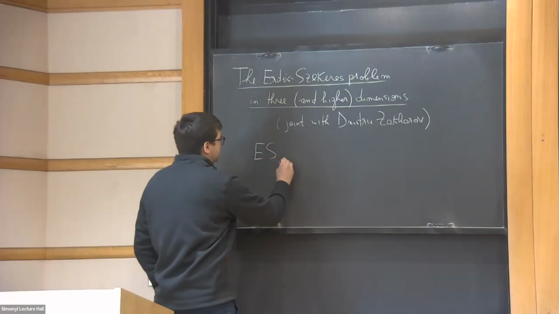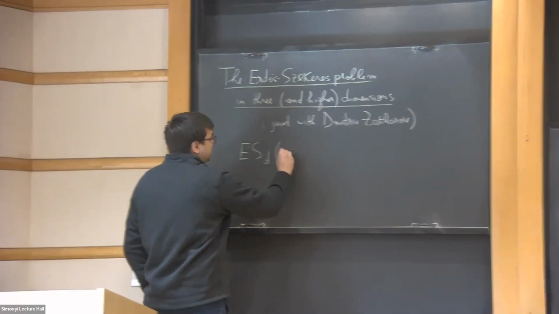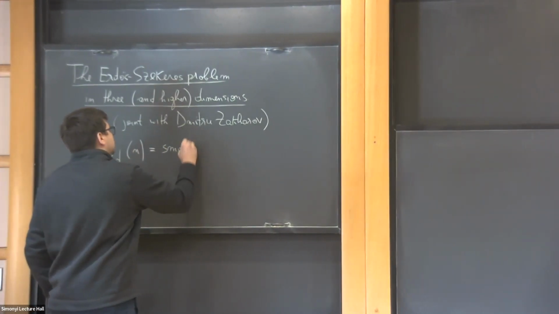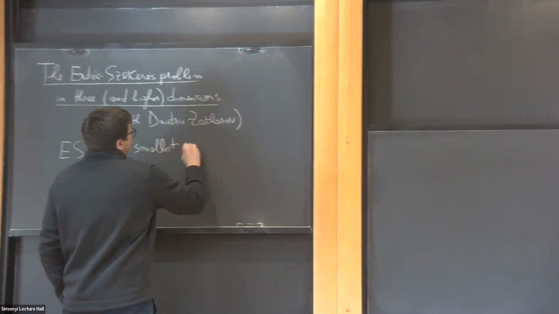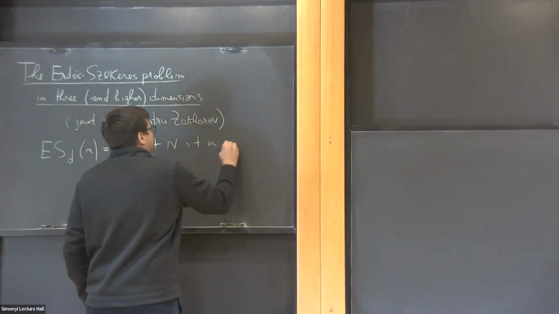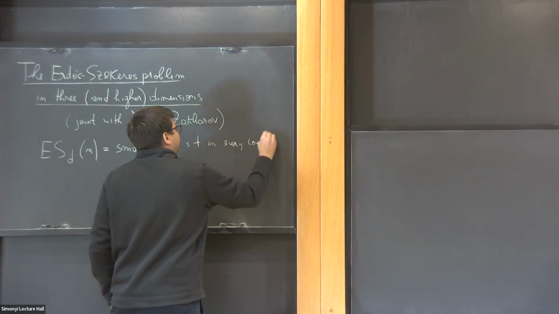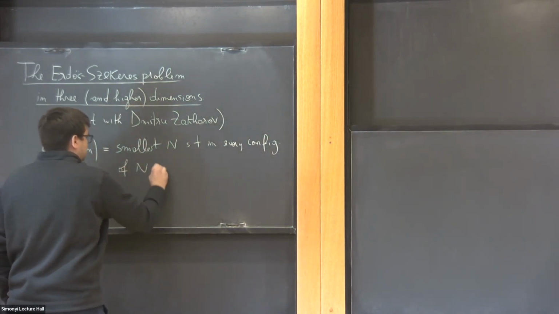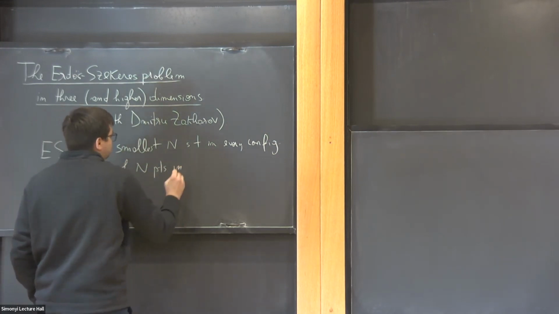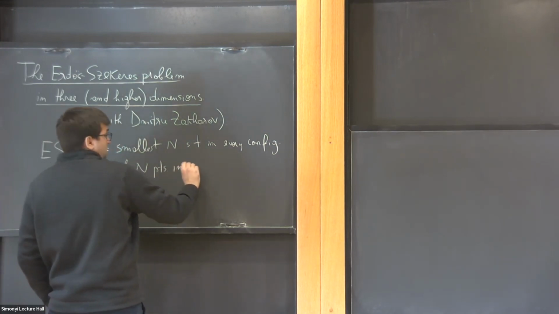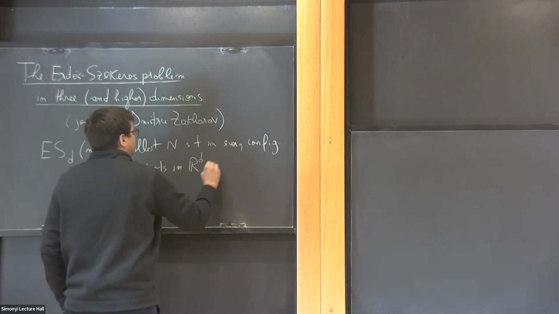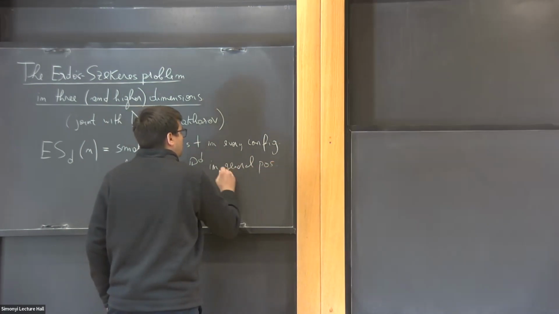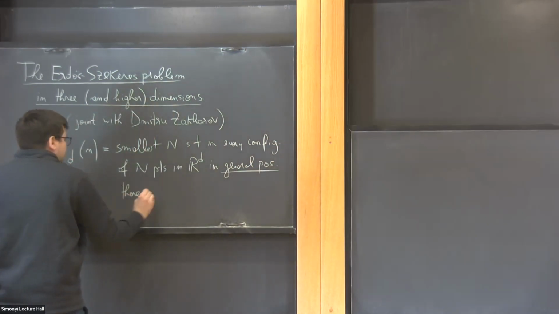If I give you two parameters, d and little n, one can ask about the smallest positive integer N such that in every configuration of N points in d-dimensional space in general position, there exist little n points in convex position.